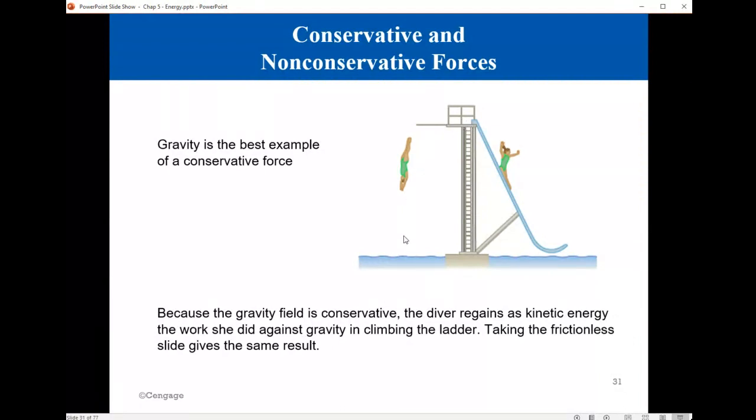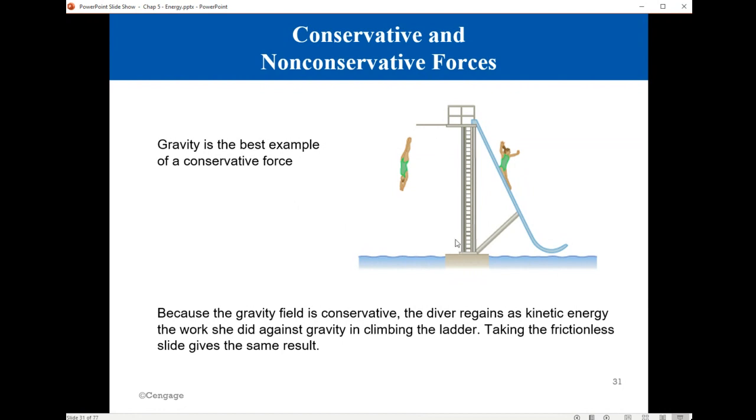When she jumps down, the potential energy converts back into kinetic energy. The change in the potential energy is equal to the change in the kinetic energy for the trip up. If you add this energy up to the energy down, the total is zero. So the force of gravity is a conservative force, and this is how we define it.